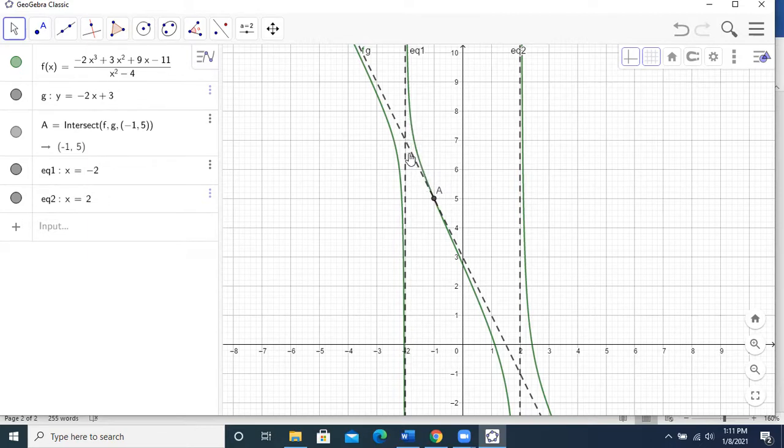This point A, negative 1, 5, is the intersection between the curve and the line. For x between negative 1 and 2, the curve is below the line. And the last part: when x is greater than 2 till infinity, the curve is above the line. The same as what we got.